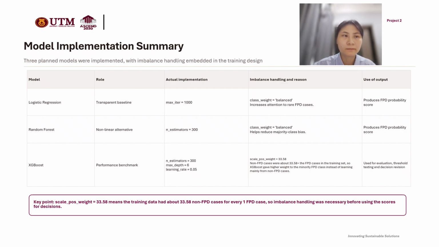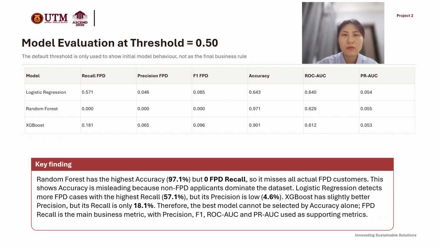And this slide shows the first evaluation using the conventional threshold of 0.5. This threshold is not the final business rule; it only shows initial model behavior. Random forest has the highest accuracy, but its FPD recall is 0, which means it misses all actual FPD customers.